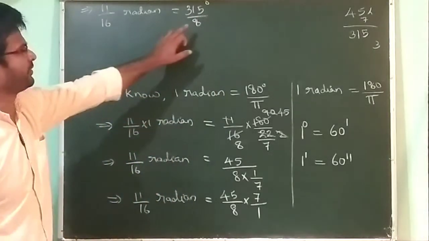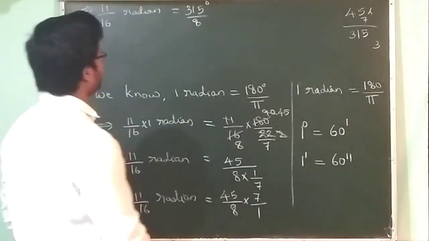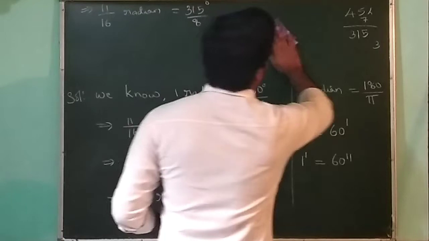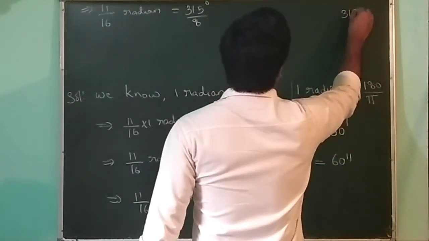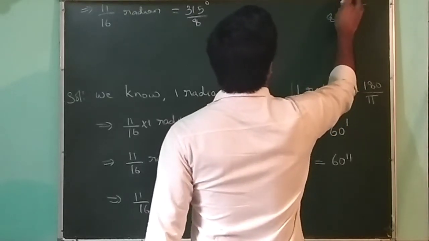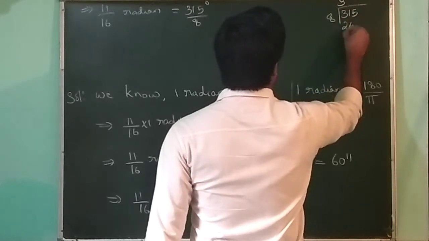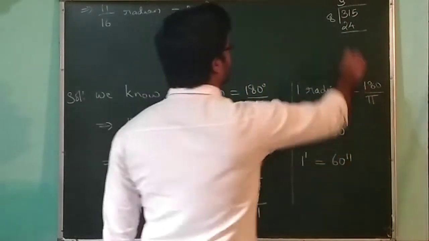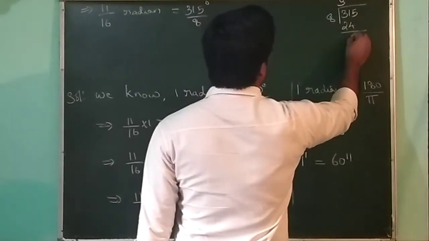In here, denominator 8, we cannot keep. We can divide 315 divided by 8. Divided by 8 in 31: 3 times, 3 into 8, 24. Then 31 minus 24, that means 7.